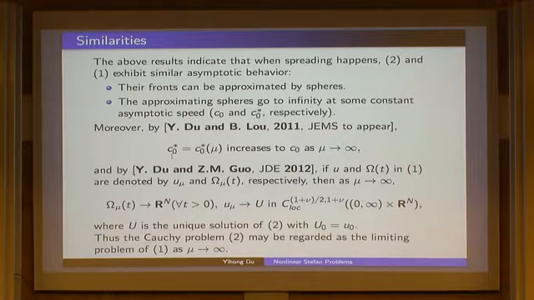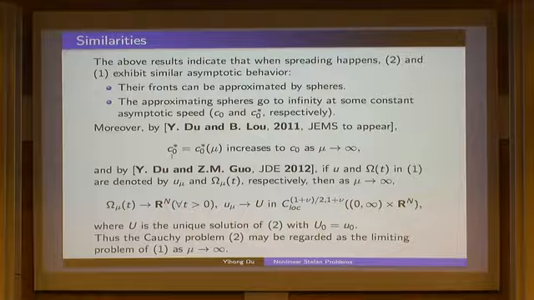The fronts of both the Cauchy problem 2 and the free boundary problem 1 can be approximated by spheres, when spreading happens. And these spheres go to infinity at some constant asymptotic speed.